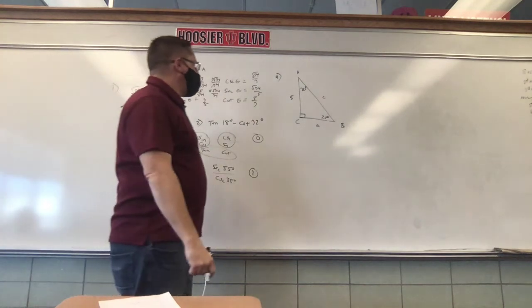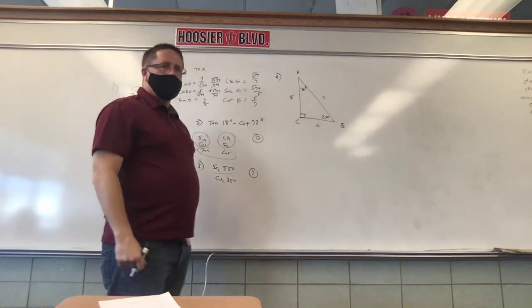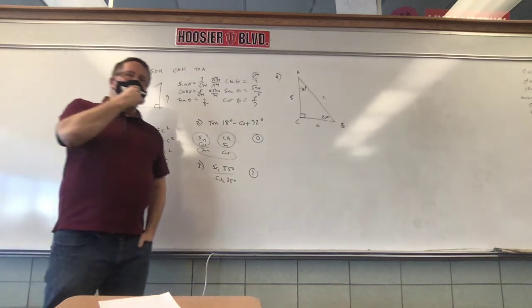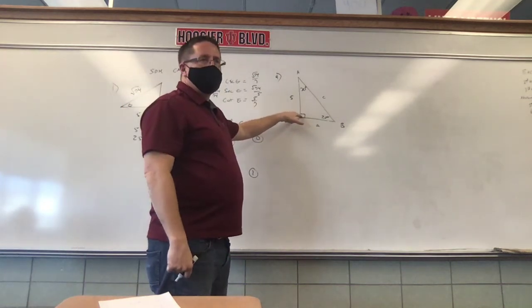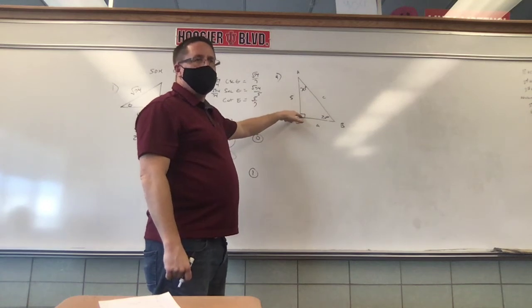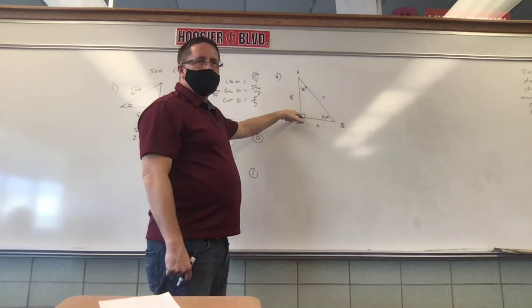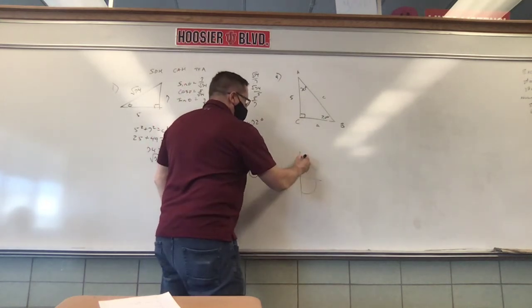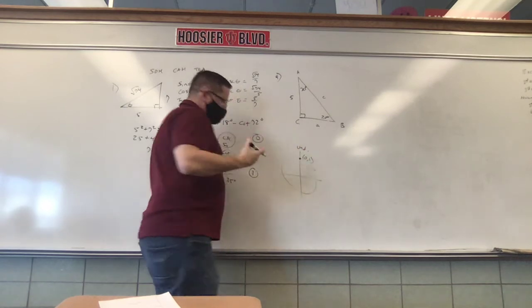Now, which angle do we have to use, 70 or 20? It really doesn't matter. I would avoid using the 90 for several reasons. If you remember our unit circle, at 90 degrees, what is the tangent of 90 degrees? It's not a number.